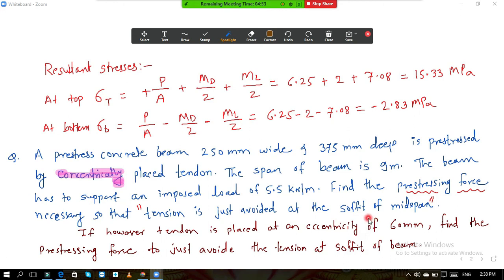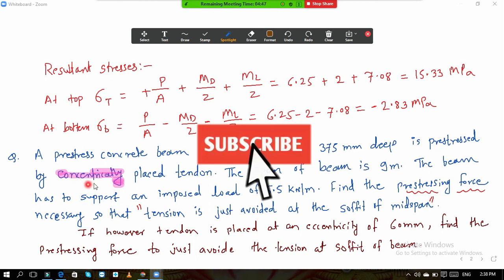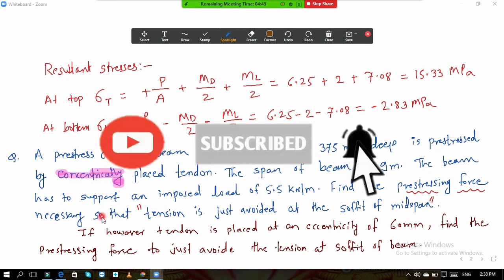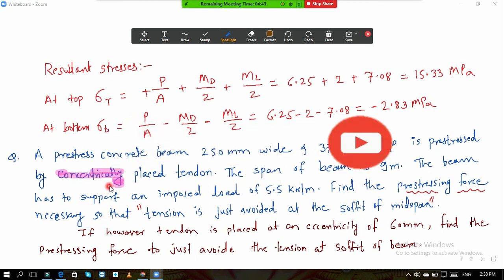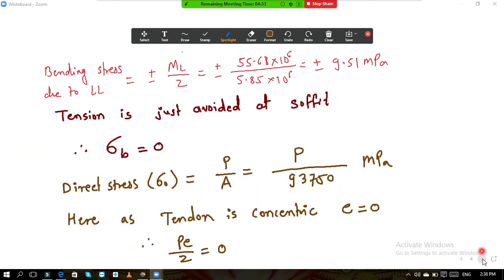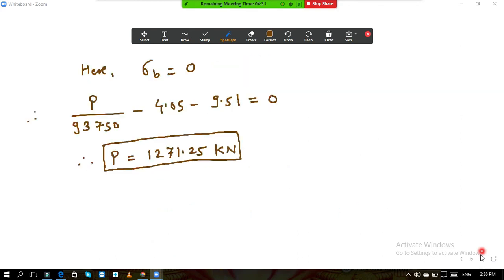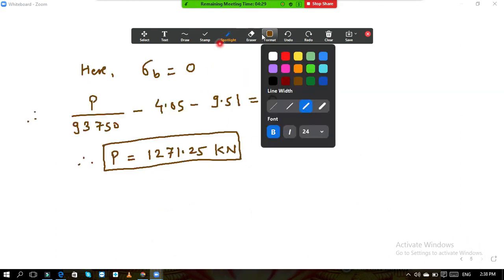So the condition is same, but now if you place this tendon below the neutral axis by 60 mm, so eccentricity is 60 mm, then what will be the pre-stressing force? This they have asked. Okay, so now we need to answer it.